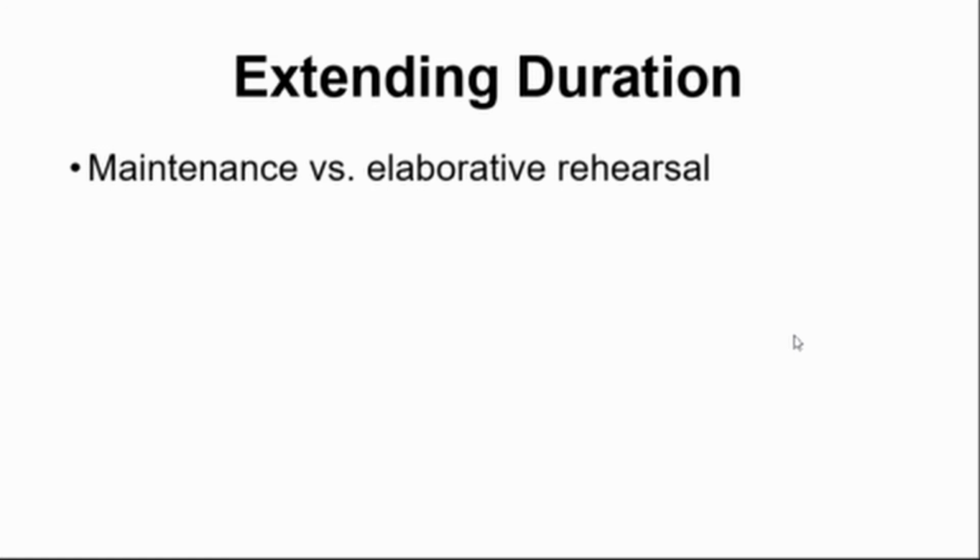So maybe I'm thinking about, okay, bread to make sandwiches, and milk to drink, and cheese to go on the sandwiches. So I'm adding extra information, I'm elaborating on my list, and it helps me remember it a little bit better. It also helps prevent you from starting to lose items as you get distracted.